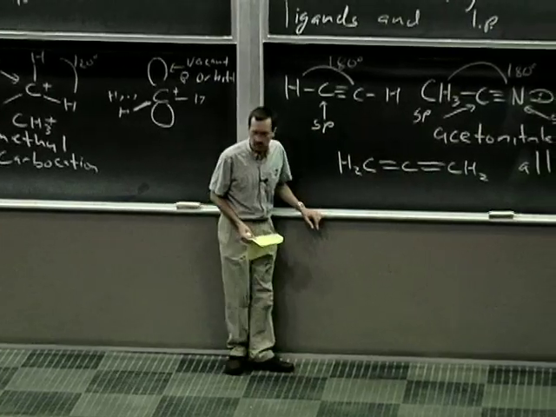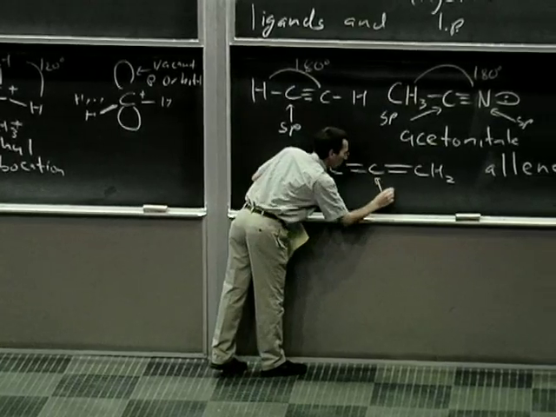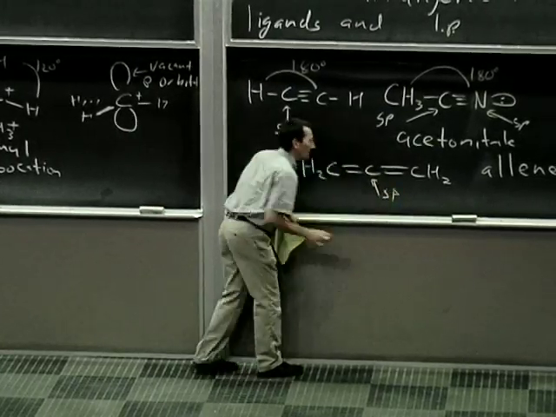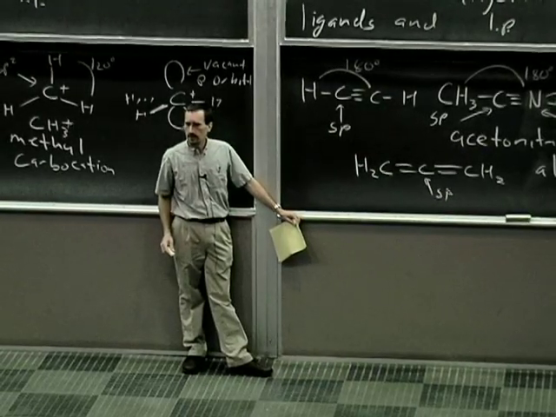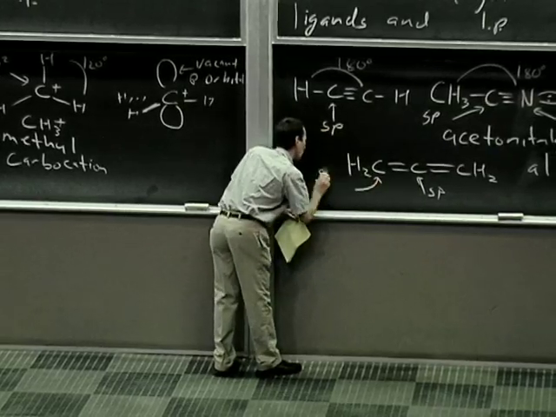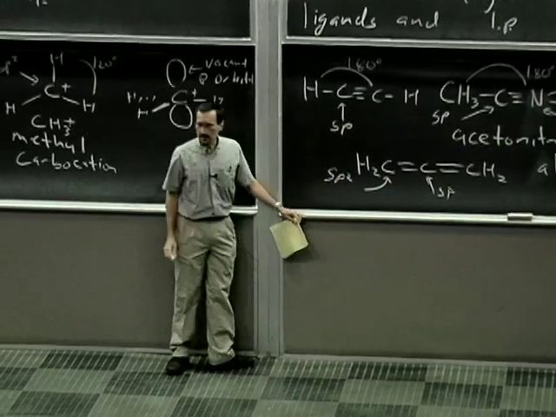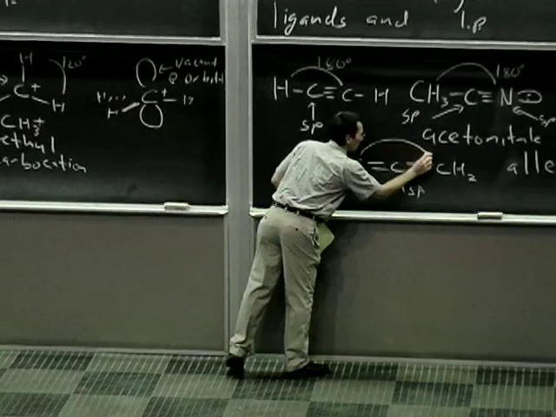Now we have a chance to think about hybridization. The central carbon is sp hybridized, and the outer two carbons are sp2 hybridized. And the carbon-carbon-carbon bond angle is 180 degrees.